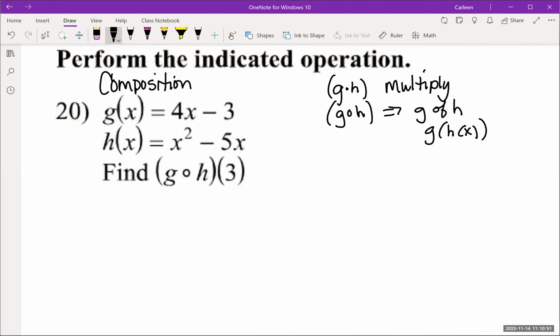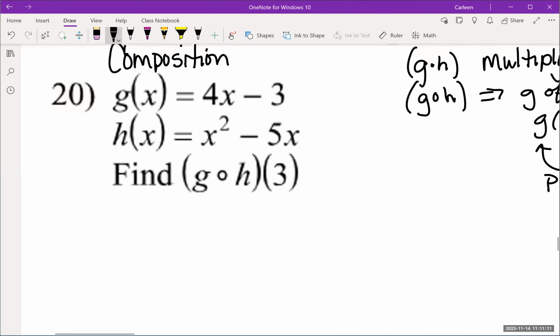So that means plug H into G. Okay. So step one, we're going to rewrite G of H of 3.